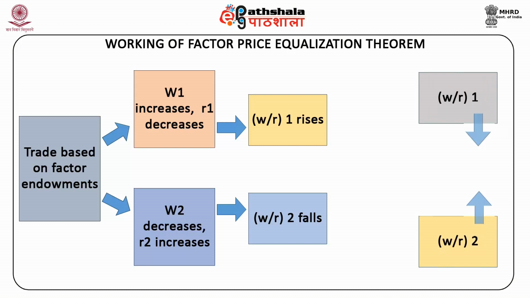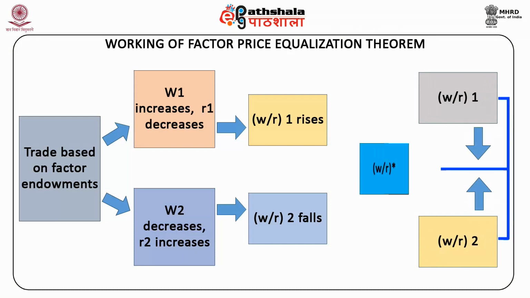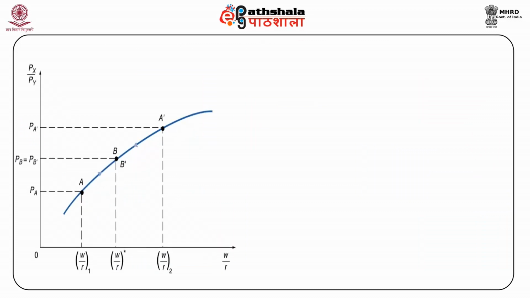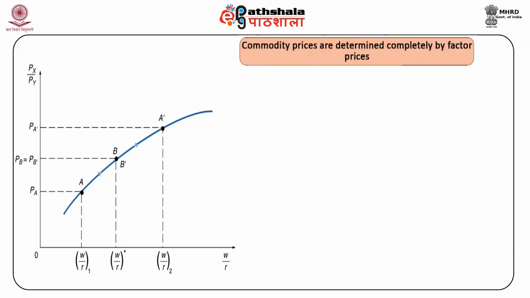These two combine to give the equilibrium wage rate W by R. In this diagram, the relative price of labor, W by R, is plotted on the horizontal axis, and the relative price of commodity 1, P good A upon P good B, is plotted on the vertical axis.